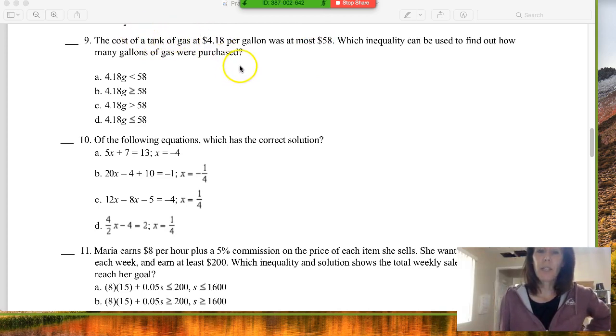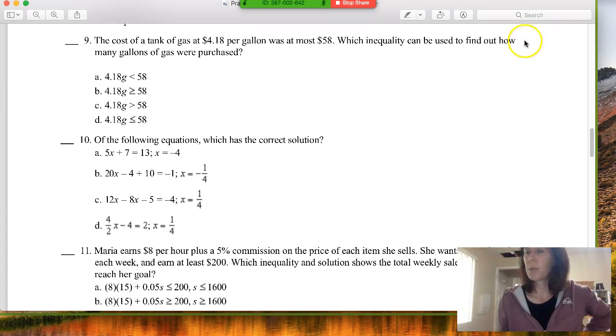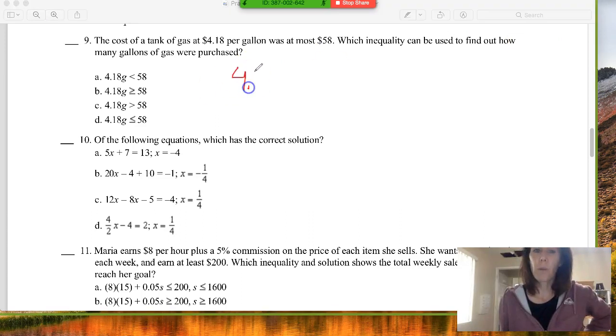So the cost of a tank of gas at 4.18 per gallon. So we want 4.18. We don't know how many gallons were purchased. We're going to multiply that times the number of gallons. It's at most $58. So if at most you're going to pay $58 to fill up your tank, I want this amount to be greater than or less than 58.